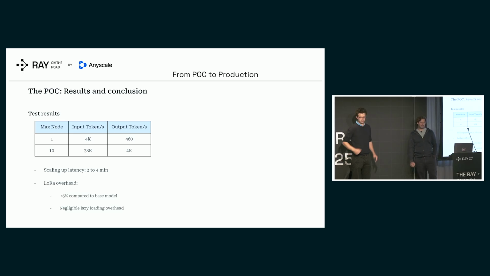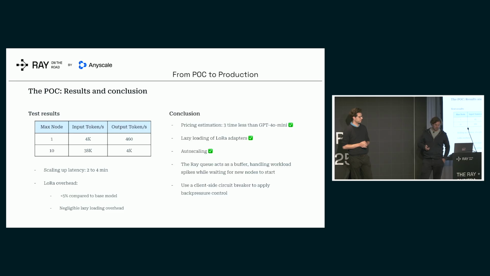We had a latency of 2 to 4 minutes when a new node is spinning up. And for the LoRa adapter, the overhead was less than 5% compared to the base model, so it's okay. The lazy loading, both the downloading and the loading into memory, is negligible.